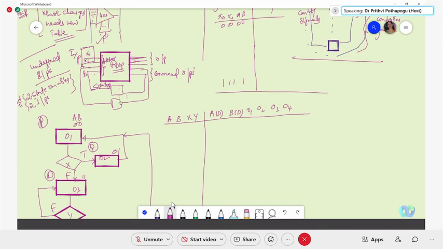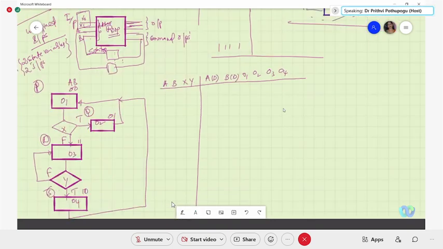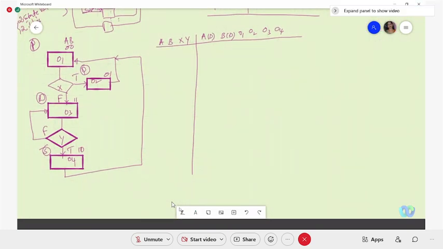What decides the new value is the combination of the previous state values of AB with the present value of inputs. So for every set of the present state and the present input, we'll define the new values of AB and the outputs that will be generated. So complete information will be there in this table.